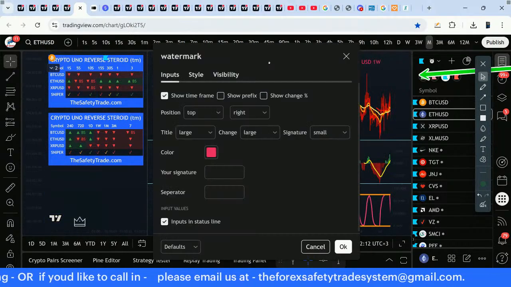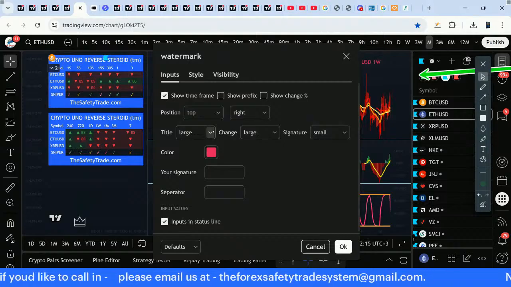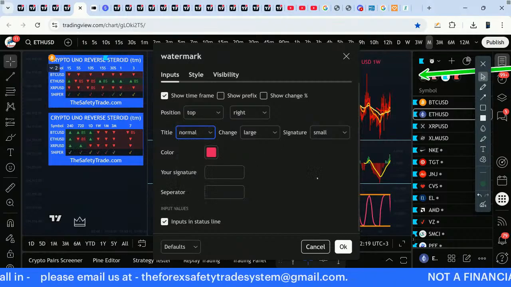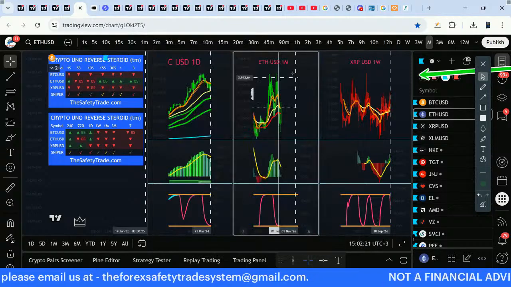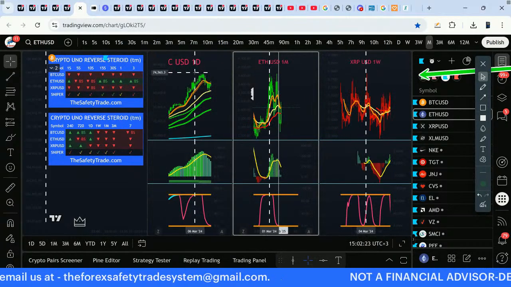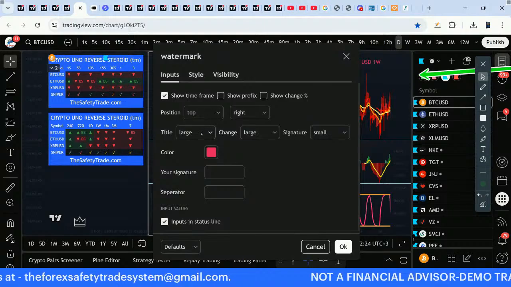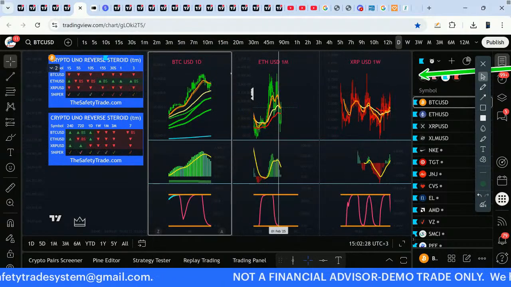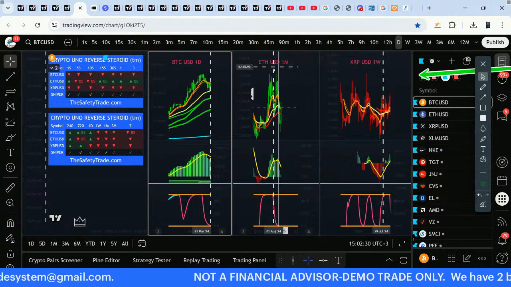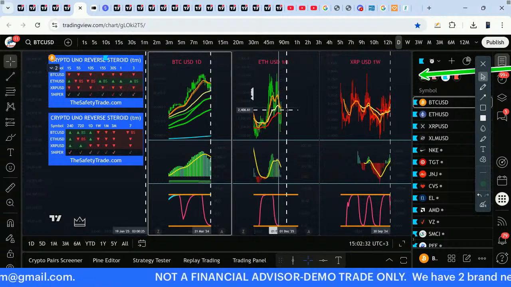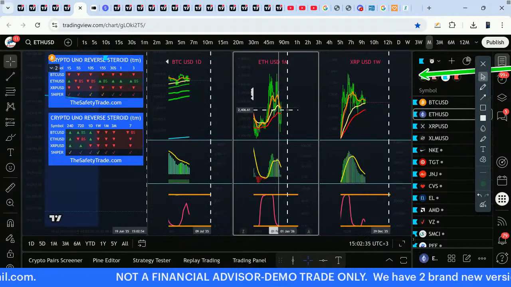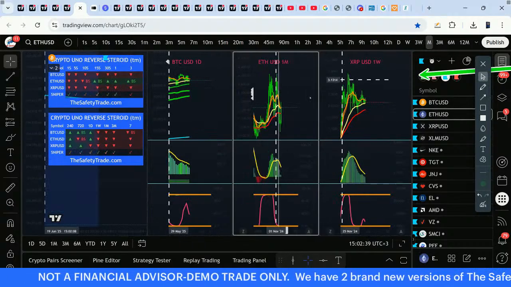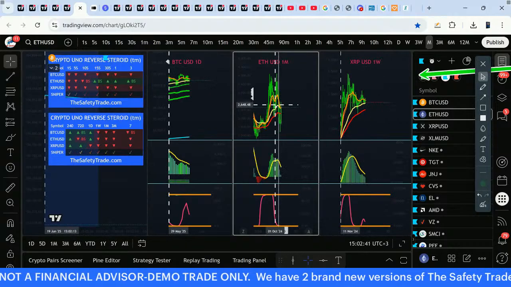Ethereum. Let me change this right here. Let's make it normal and see what that looks like. There we go. Let's make this normal too. All right, Ethereum. We have a 3-week monthly buy stop on Ethereum. It literally drew out the M for you.